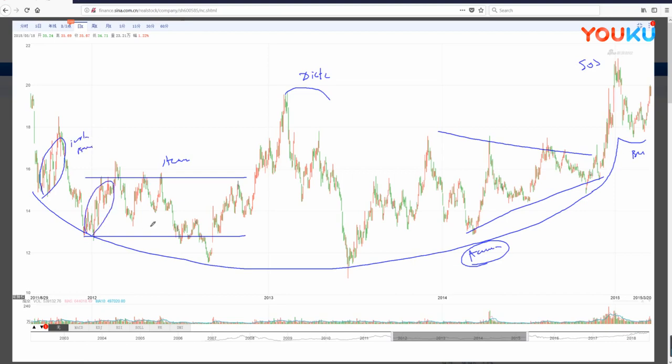Then some buying on this rally right here, some buying on this rally, this rally right here. Then the distribution happened and it took the price down. And there was just a little bit of buying on the way up right there. But we see that the buying is starting to be more persistent as the price obviously leaves the trading range.